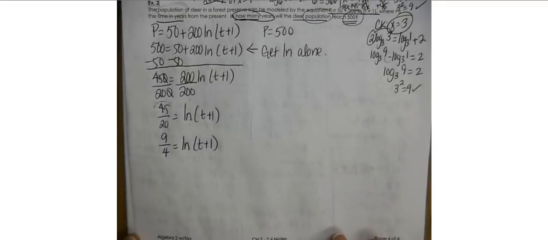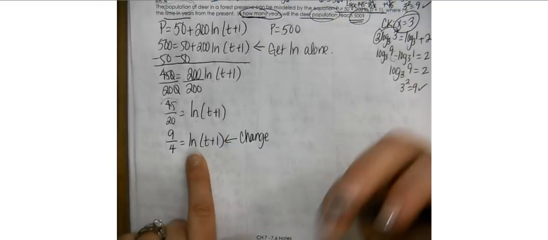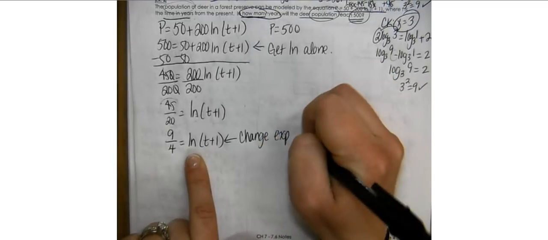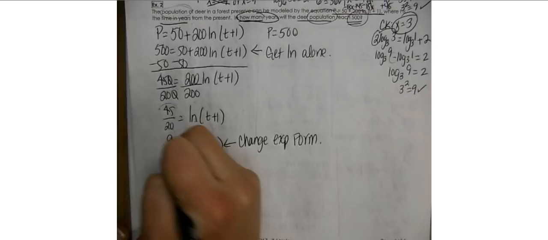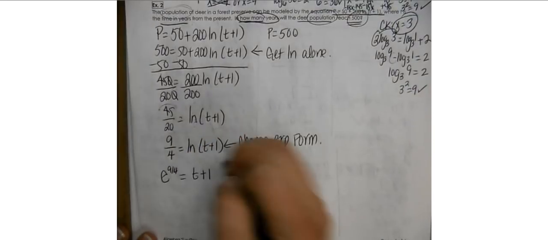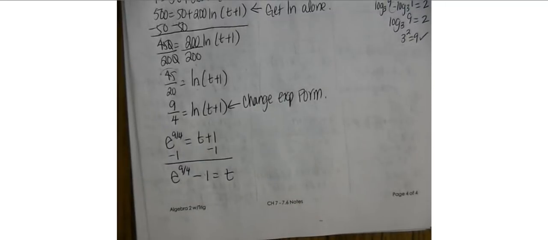So now I'm going to change this to exponential form. Whenever you're changing a natural log to exponential form, our base is going to be the letter e. So I'm going to rewrite this as e to the 9/4 power is equal to t plus 1. I want to get t alone, so I'm going to subtract 1 on both sides. So I'm going to put e to the 9/4 power minus 1 into my calculator, and that's going to equal my number of years.